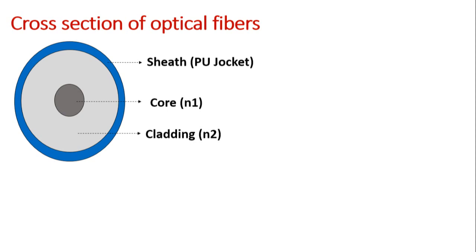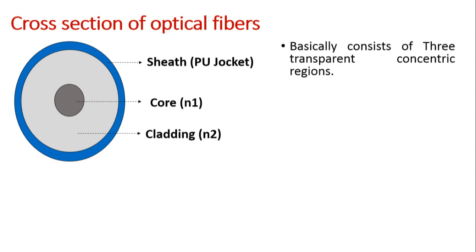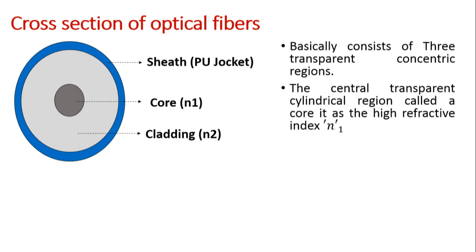The fiber mainly consists of two regions, core and cladding, and the fiber is covered by a protective layer called the sheath. In this case, the core and cladding are transparent regions, but whose refractive index is slightly different. The core is the centralmost region whose refractive index is N1.